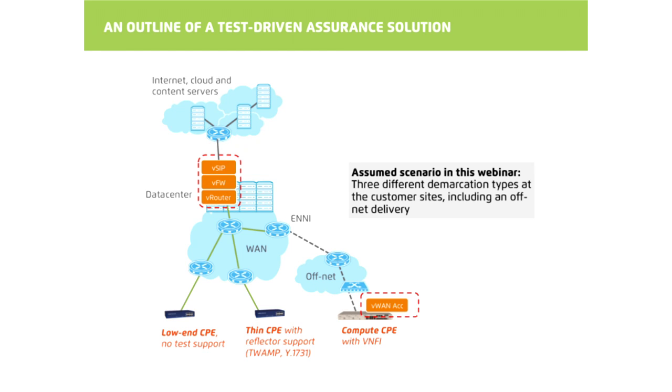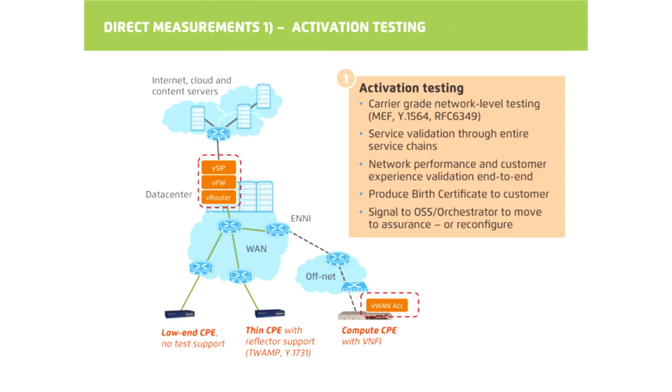Regardless of branch type here, there are three reasons to use direct measurement methods, and I will describe them quickly. The first reason is activation testing at the time of initial delivery.